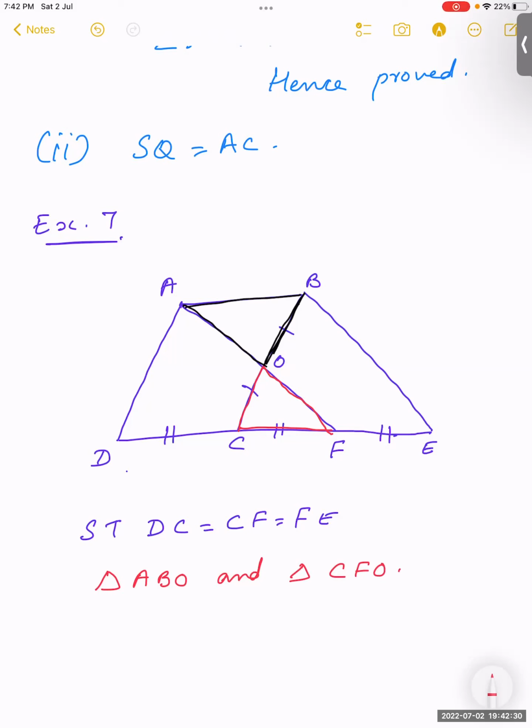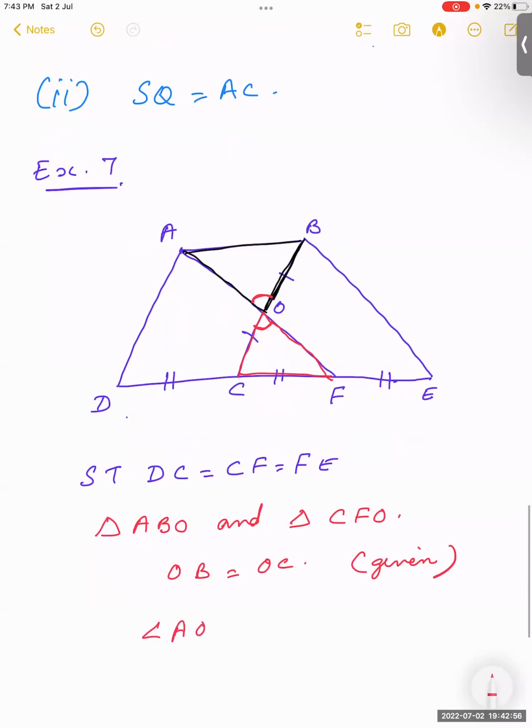We know that OB is equal to OC. Why? Because it's given that O is the midpoint of BC, right? So write OB is equal to OC. Next information: if this angle is something, what would be this angle? Don't you think both the angles will be the same?